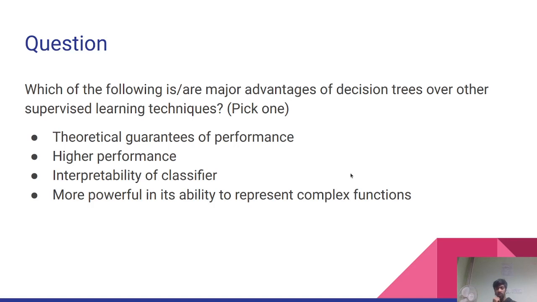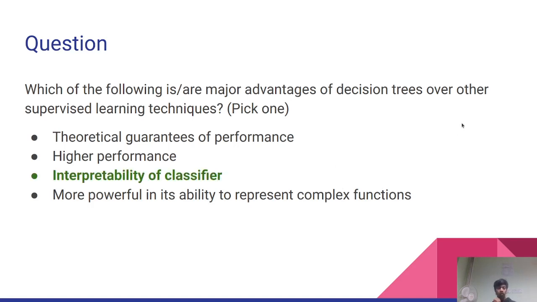If it is true, we classify this, or otherwise that. So that makes the classification system interpretable, and we can get the intuition behind the decision made by the classifier. So this is the correct answer.